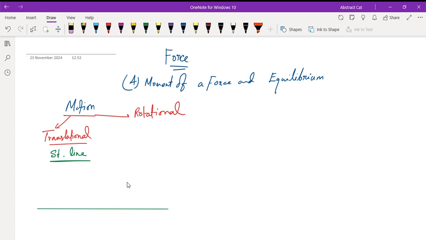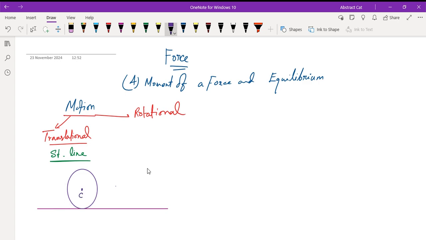Here is a straight line, and here is an object, a circular object. Now let's say this is the center of the circular object.